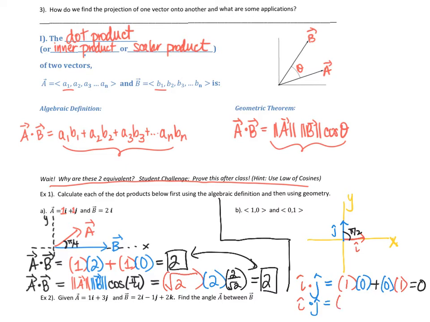It doesn't even matter actually, but I'll just put them here. 1 times 1, and then cosine of the angle between them is 0, so I get back to 0. And this, in fact, is going to be very important because anytime, I'll even make it very clear, this is a right angle right here. Anytime you have two vectors that are perpendicular, another word we use for that is orthogonal.